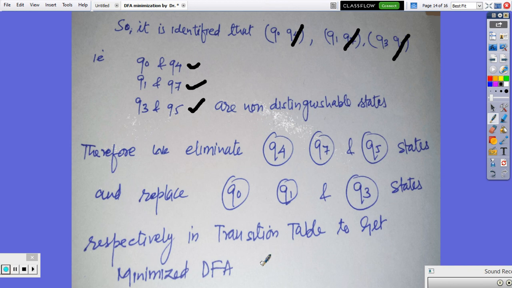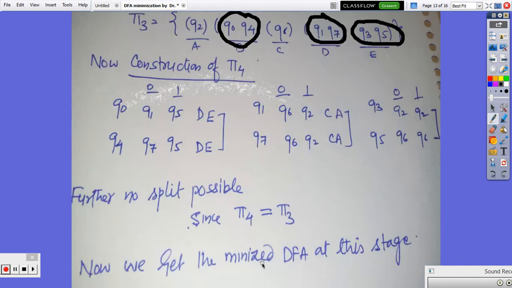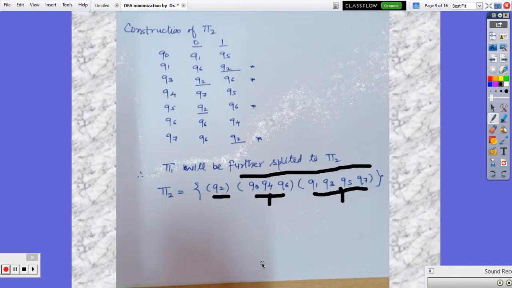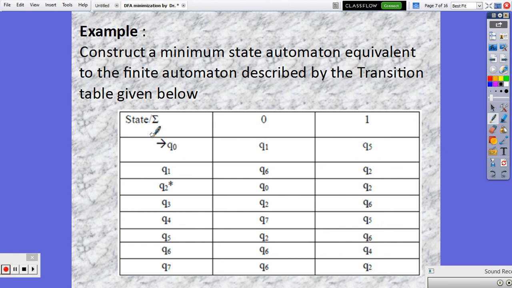So in the actual transition table, where we find Q4, just a minute.